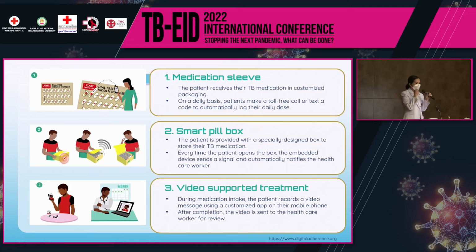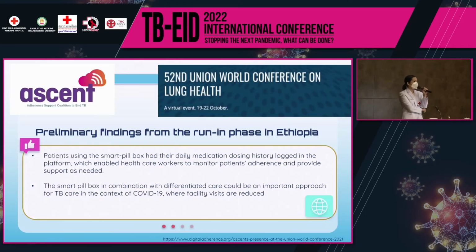In each procedure, the patient will get advice from the healthcare worker, and none of the procedures will add additional cost to the patient. The preliminary findings from Ethiopia were presented as an oral abstract at the Union World Conference on Lung Health last year.